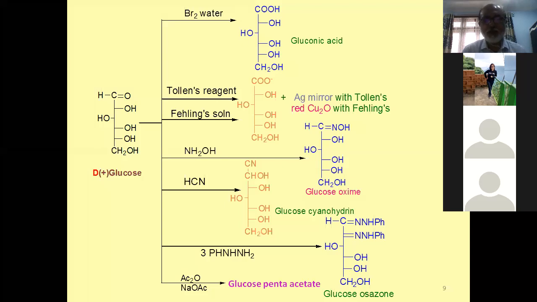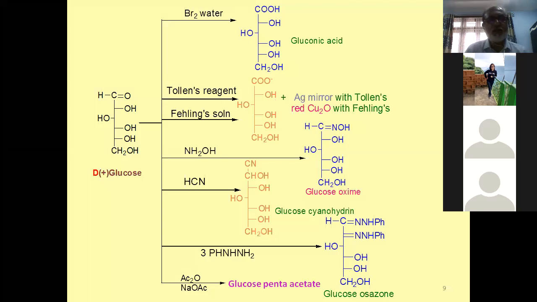But I am writing here glucose pentacetate. That is understood: we have 5 OH groups, so pentacetate is the obvious product. There are other reactions also that I did not write down, like reduction with sodium borohydride. That is why I say you read books. This is not a thing that has to be taught in MSc class.